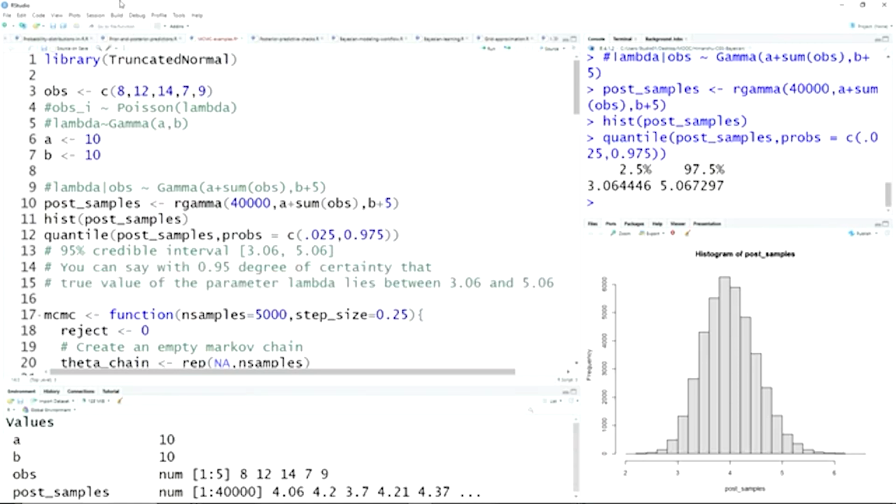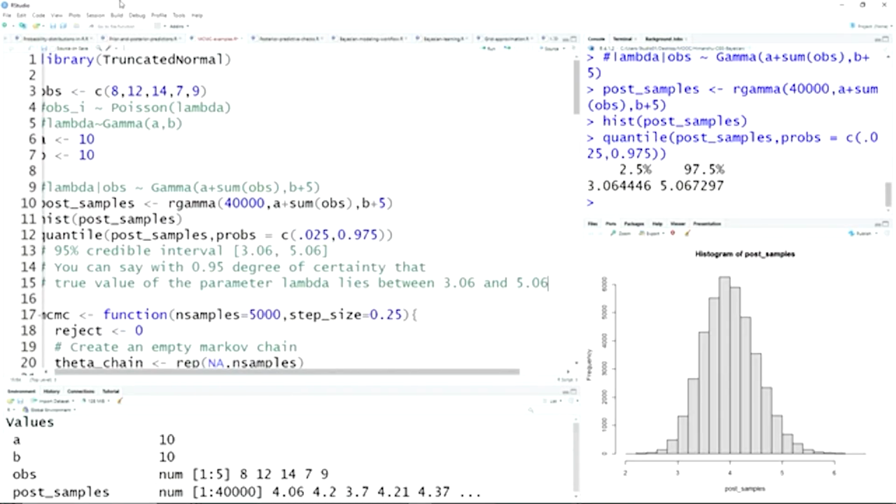It says that you can say with 0.95, this much degree of certainty, that the true value of the parameter lambda lies between 3.06 and 5.06. The claim is about the true value of the parameter, because the posterior distribution you are getting considers lambda a random variable.